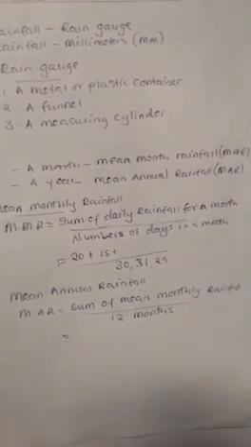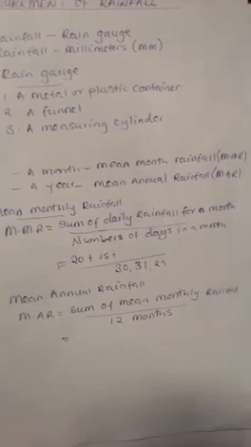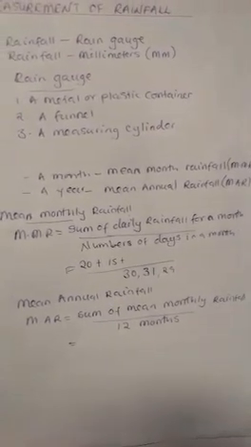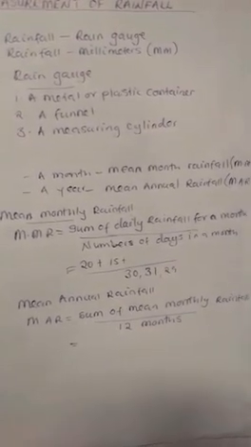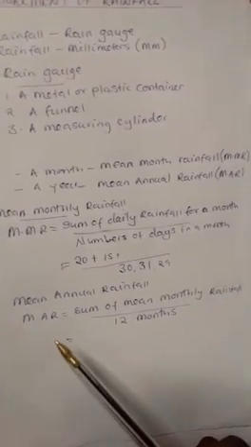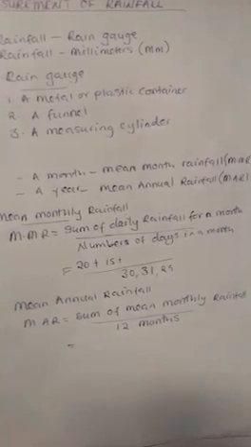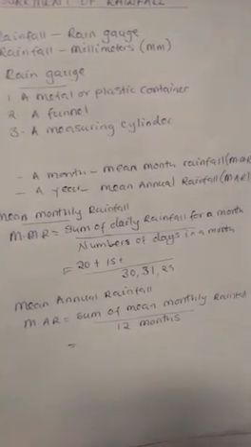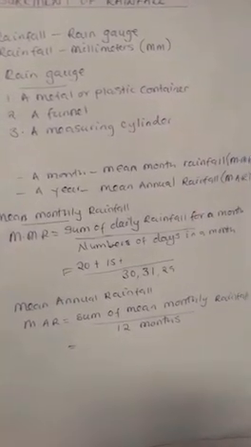So the mean annual rainfall is the sum of mean monthly rainfall received in that year over 12 months, which is a year. You add the rainfall that was received in each month of that year, then you divide by 12 months.